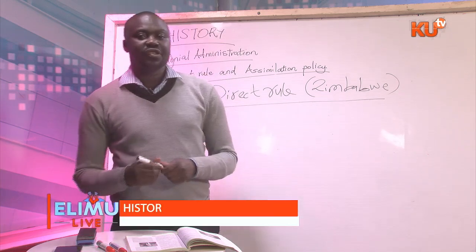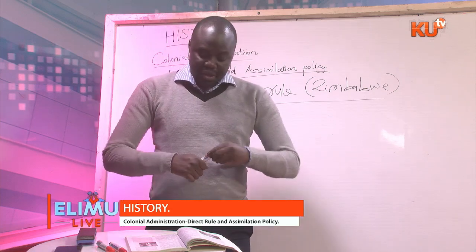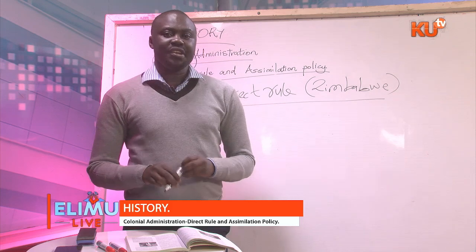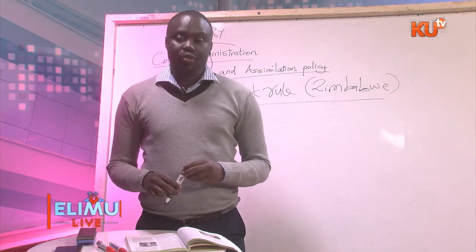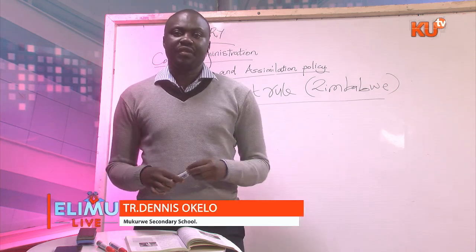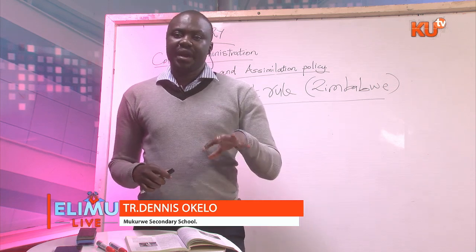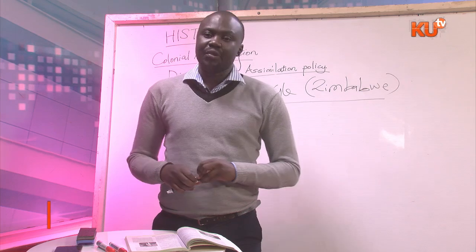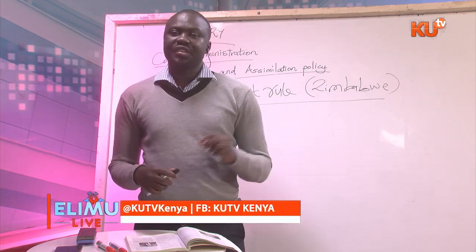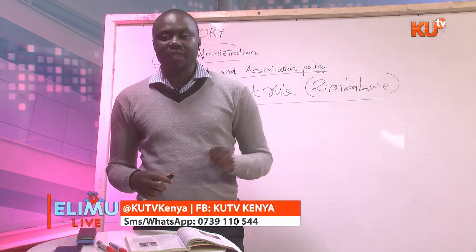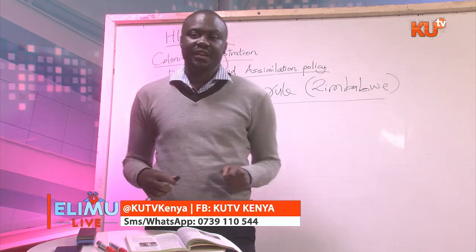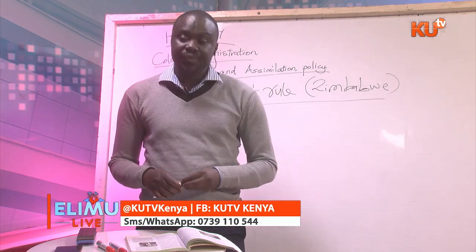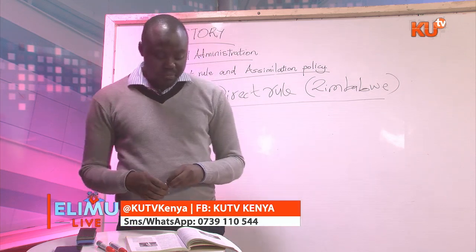The company that was entitled to administer rule in southern Rhodesia, which is Zimbabwe, was the British South African Company. The territories of the Central African part belonging to the British included Nyasaland, which is currently Malawi, northern Rhodesia, which is current day Zambia, and southern Rhodesia, which is current day Zimbabwe, the country I want us to focus on in a few minutes.